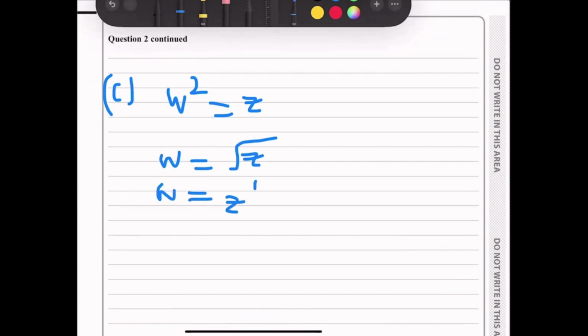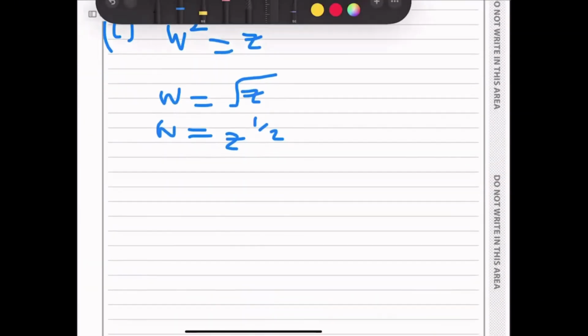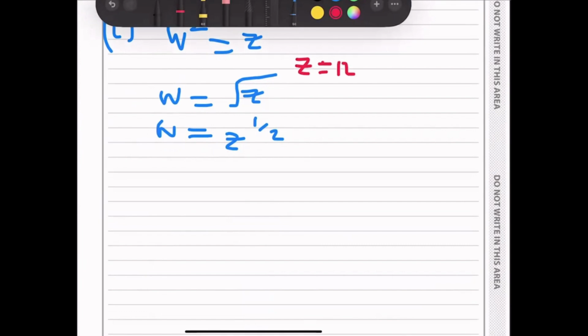So w is z to the power half. So we have the modulus argument form, cos minus pi by 3 plus i sine minus pi by 3.